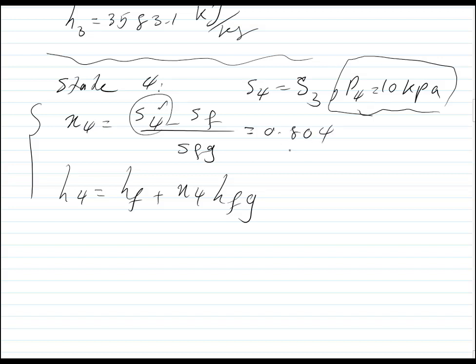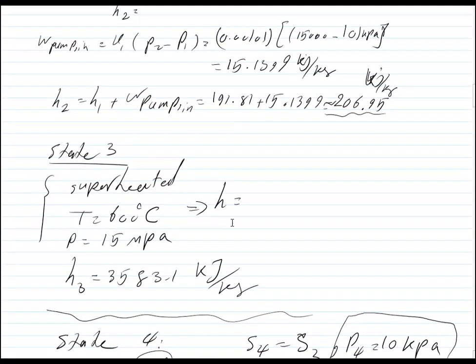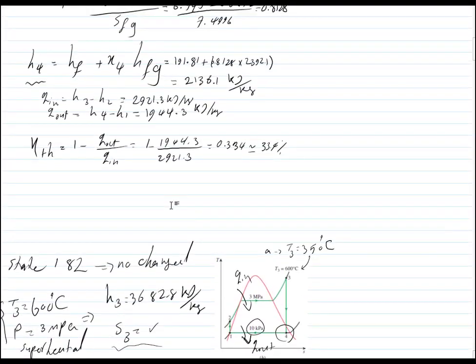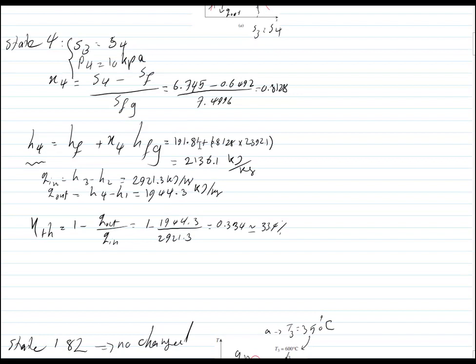this much, which is 0.804. This is the value of X4 for part C of the question. By substituting this X in this equation and this HF and HFG, which we have already calculated in the previous steps, we found these values for H4. If you can see here, HF is 191.81 and HFG is 2392.1.